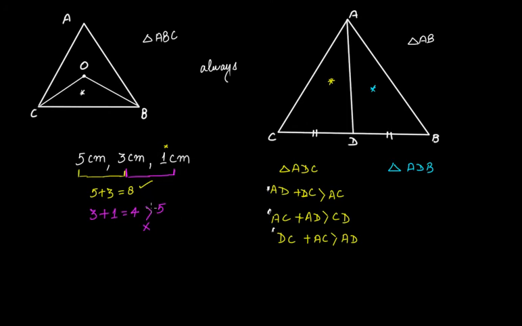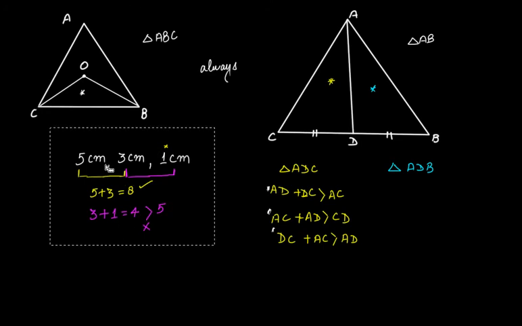Therefore, you cannot form a triangle where the three sides will be 5 centimeter, 3 centimeter and 1 centimeter. Why? Because the sum of the lengths of these two sides is not greater than this third side, that is 5.